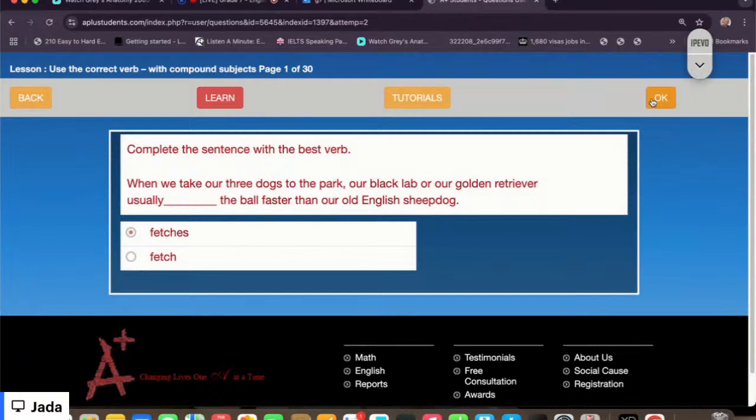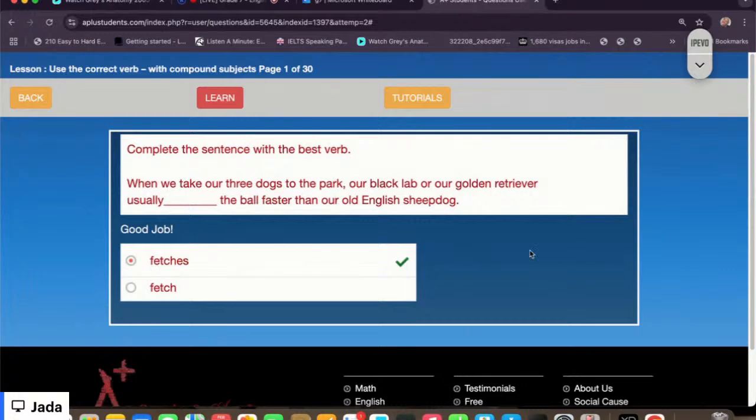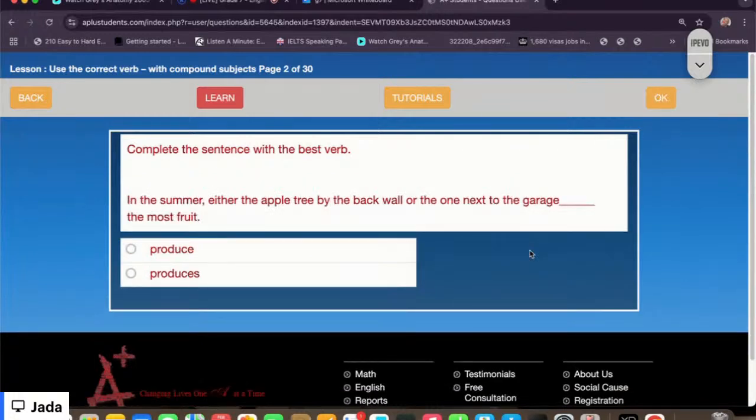So we have fetches, because the golden retriever is singular and it's the one closest to the verb. So we need to have a singular verb.